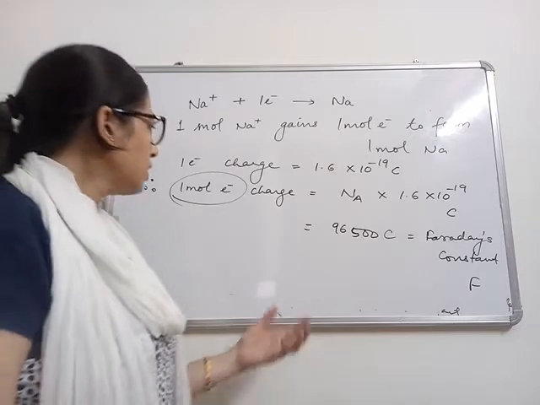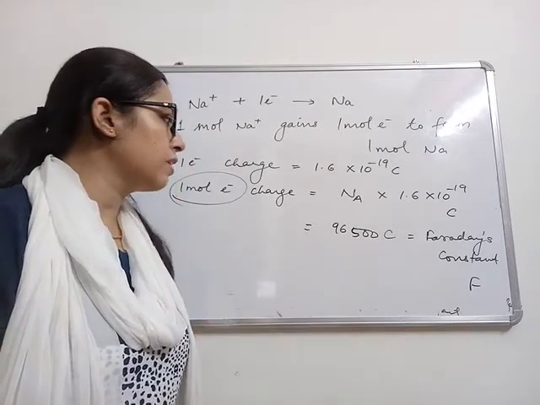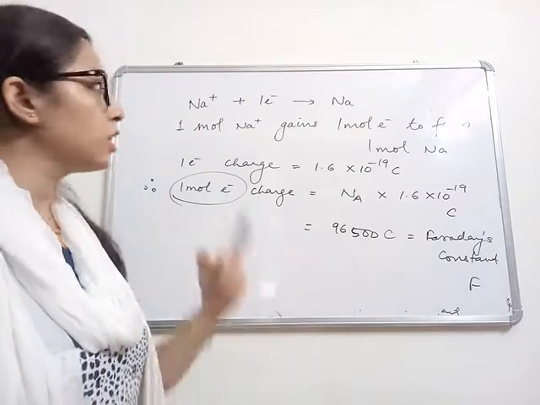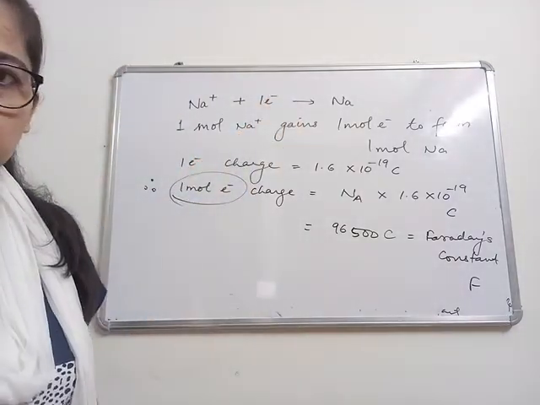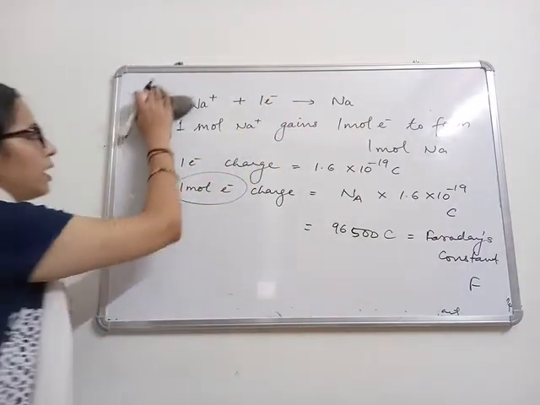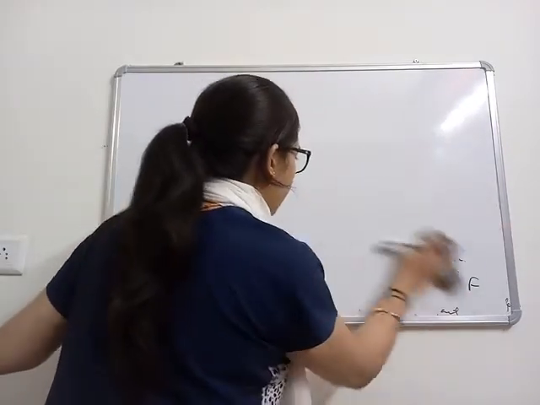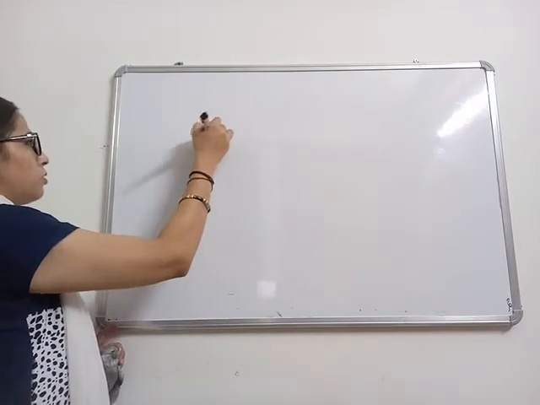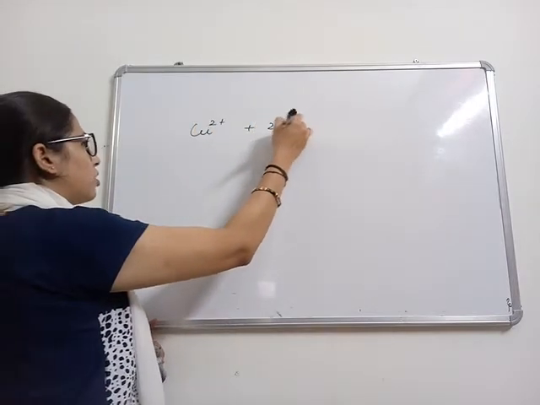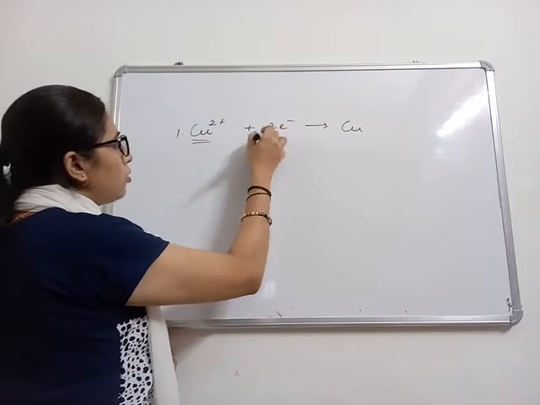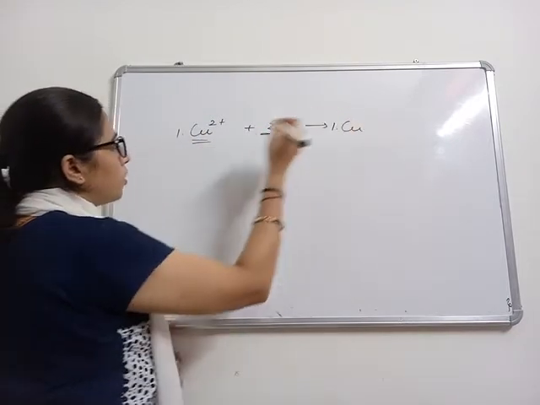So I can say the charge of 1 mole of electron is 96,500 coulomb per mole. Here 1 mole of electron is utilized to form 1 mole of sodium atom. So if you have a metal ion, say copper ion, it gains 2 electrons to form copper. So 1 mole of copper ion needs 2 mole of electron to form 1 mole of copper.